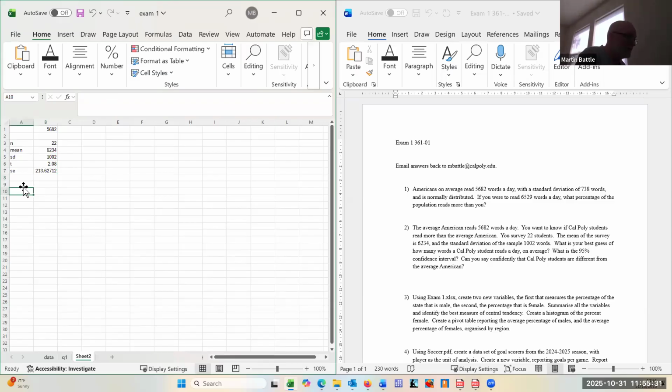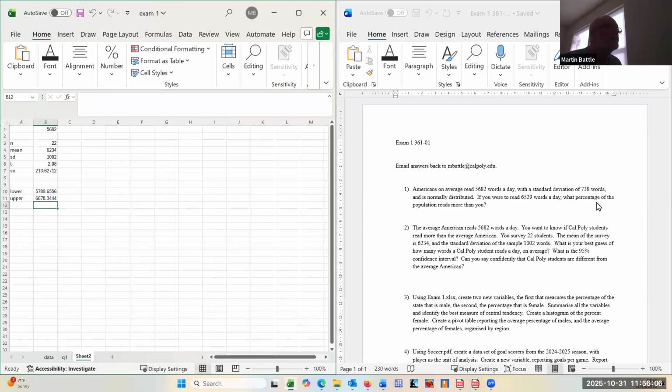So my lower confidence interval is equal to the mean minus bracket t times standard error. My upper is equal to mean plus bracket t times standard error.